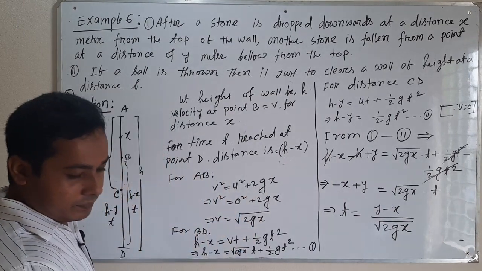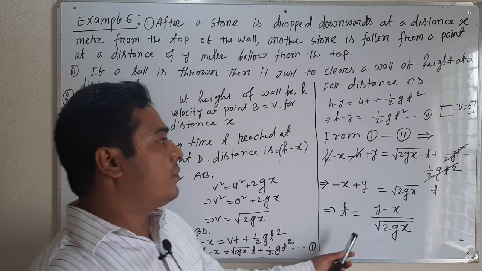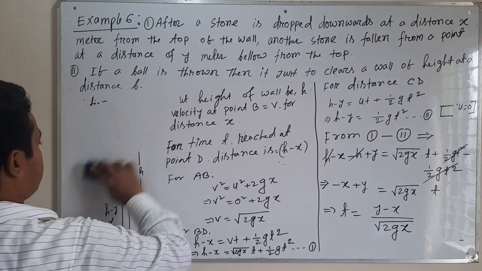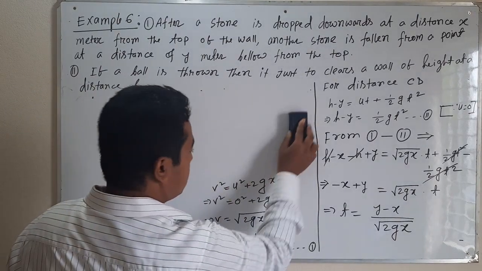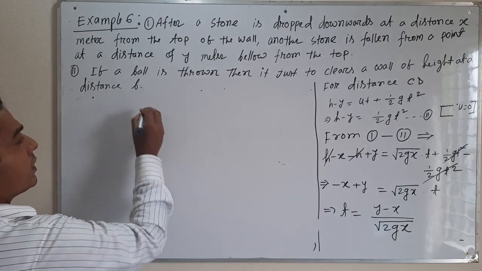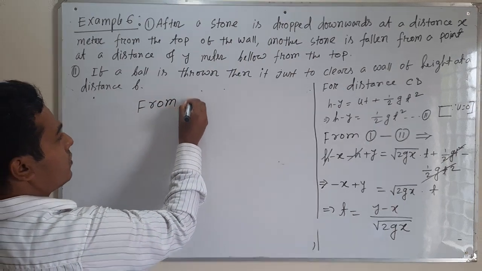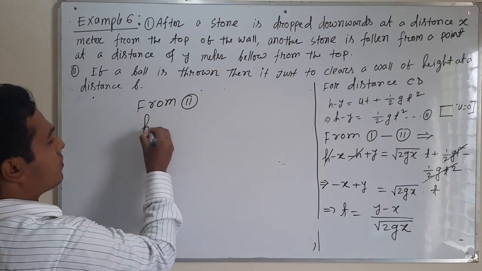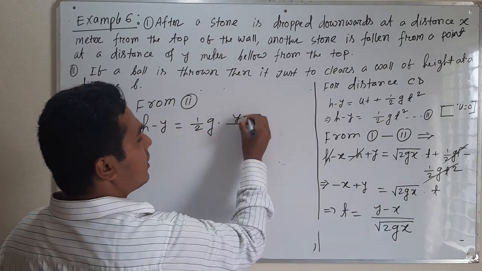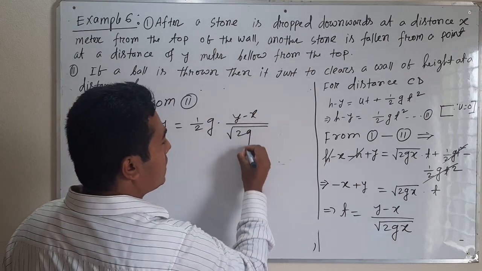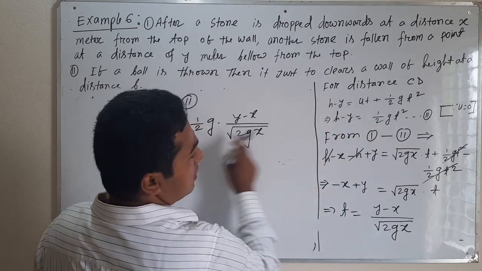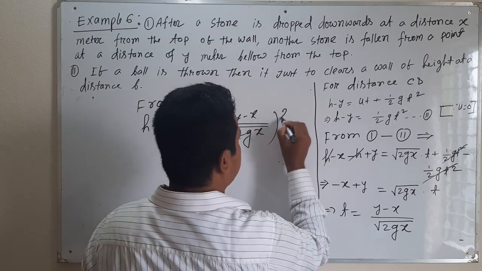Okay, now the value of t we want to replace in equation 2, then we get from 2, h minus y is equal to half of g t square, where t is equal to y minus x divided by root over 2gx.